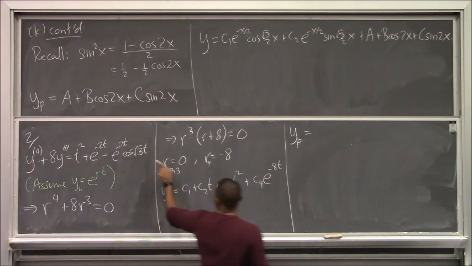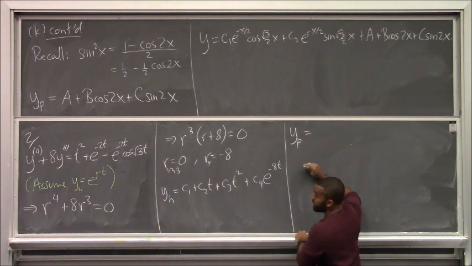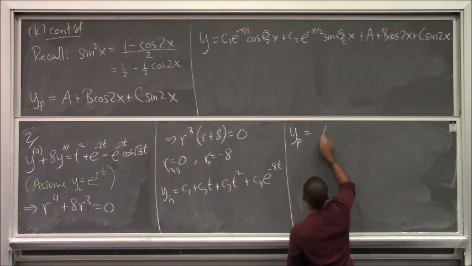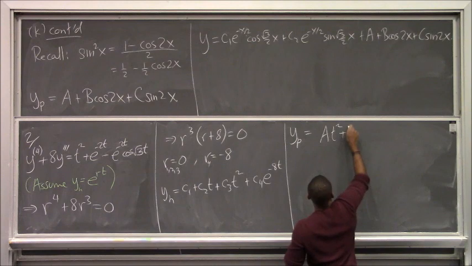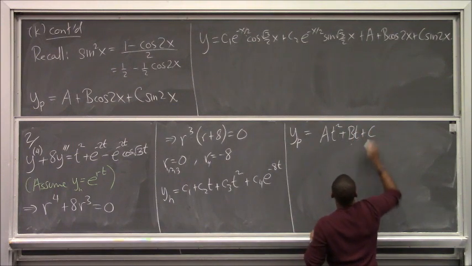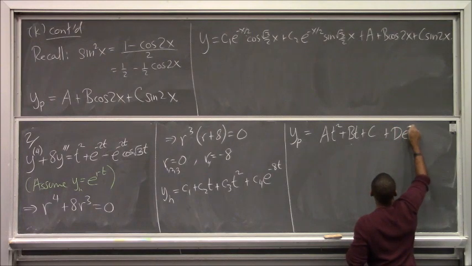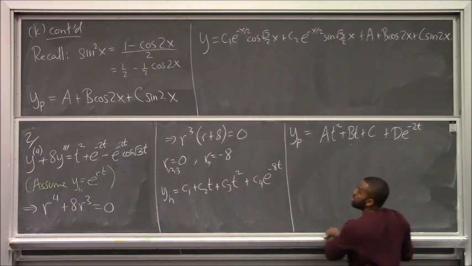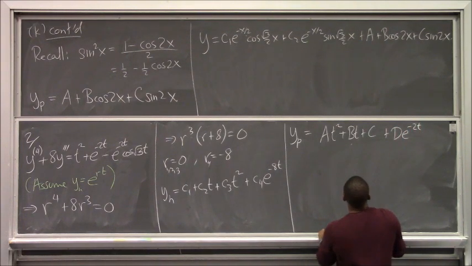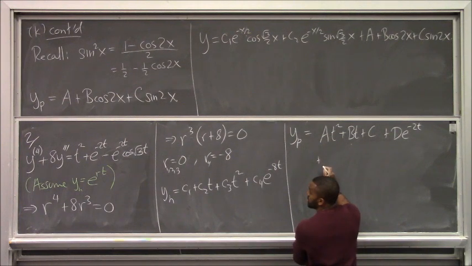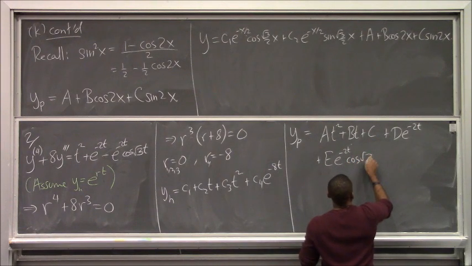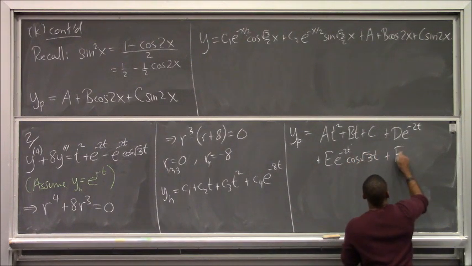So now for our yp, we need a second degree polynomial. We also need a constant times the e to the minus t. We also need, what else? e to the negative 2t cosine square root 3t. Yeah, cosine. And then you need a sine 3t with the same factor.